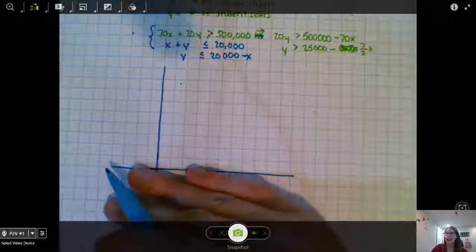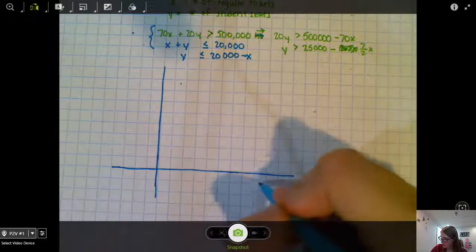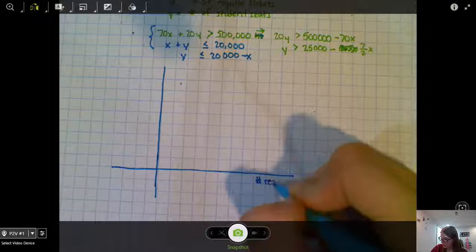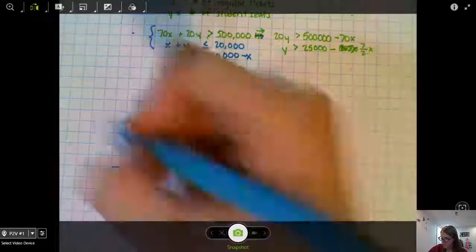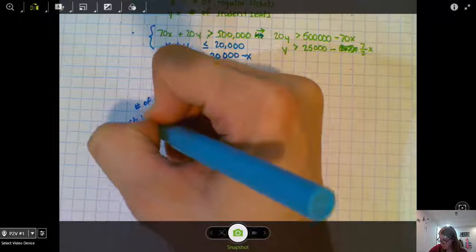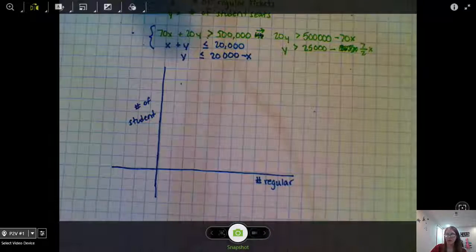We can't have a negative number of student tickets sold. So I'm going to label my axes here too. X was our number of regular seats. Y is the number of student seats, the number of student tickets.